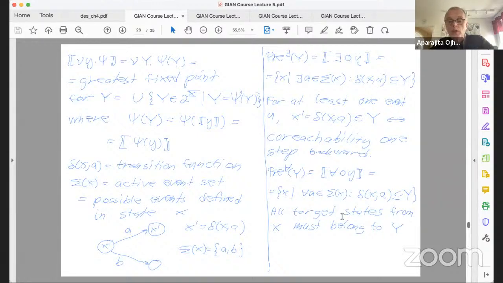So that means that all target states from x must belong to Y, which is a very important distinction compared to the existence. Because there it's enough that at least for one event A, the next state is a member of Y. But here, all target states from X via all possible events must belong to Y.